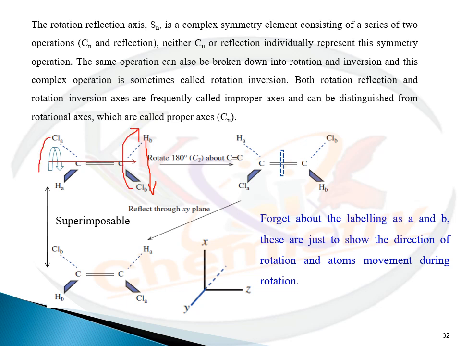Likewise, this chlorine will come over here, and this will come over here. Exchange of position has taken place. Now this is C2 and this plane is perpendicular to the C2.